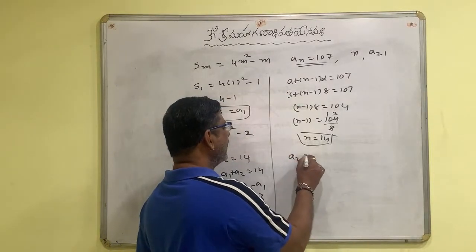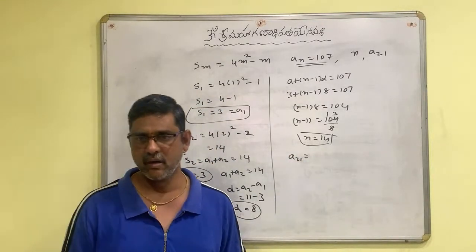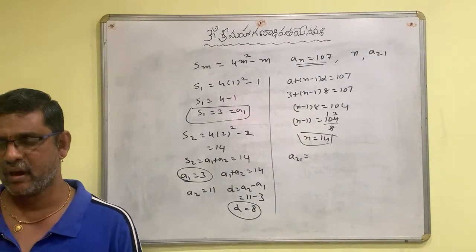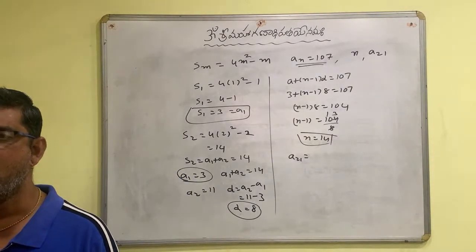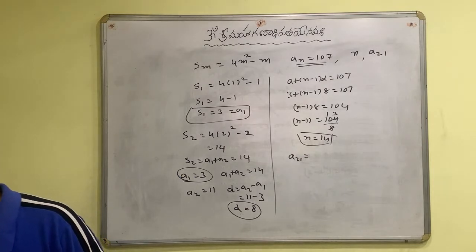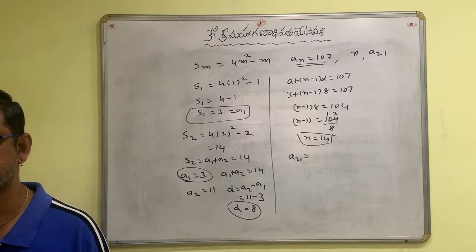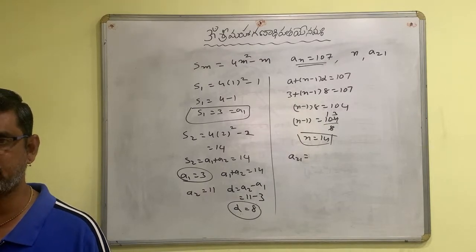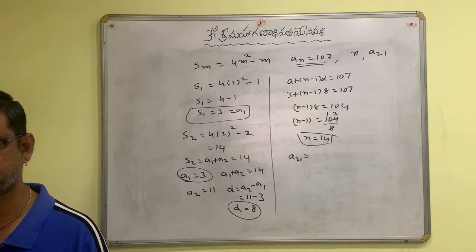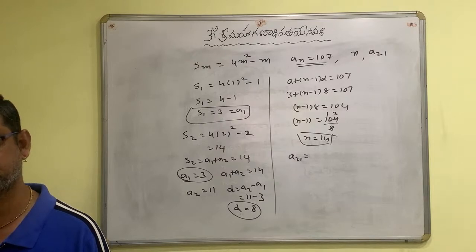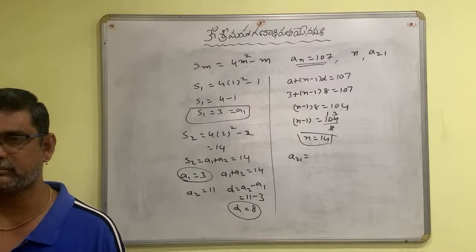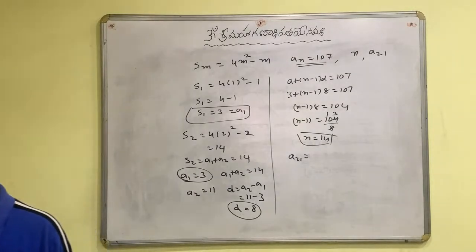What is A21? 163. A21 is 163. Good. Next question.